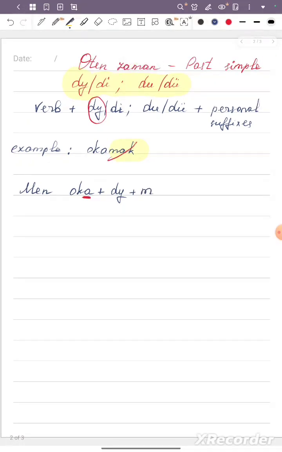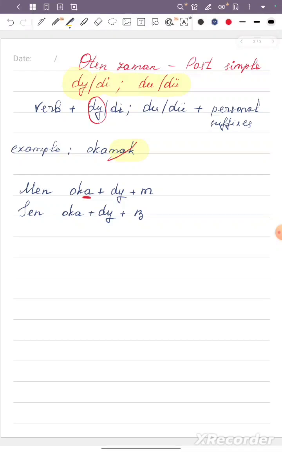Then we add the personal suffix. Personal suffix is m. Men okudum. That means I studied or I read. Now sen, oku, the same suffix di, but the personal suffix is different because it's a different pronoun. So okudun.